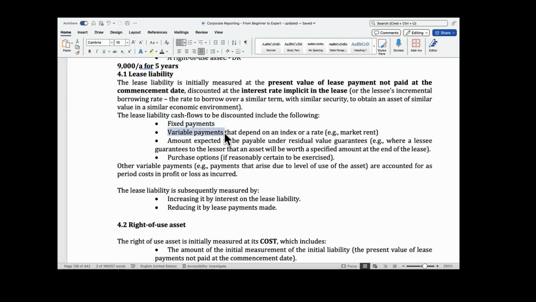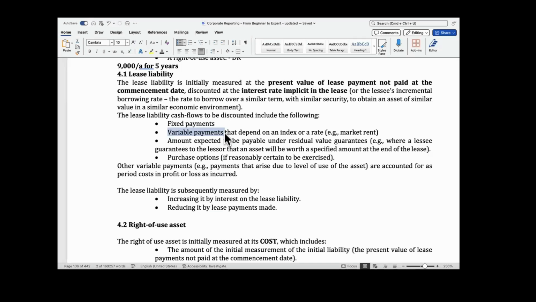It will vary after 2 or 3 years, the increments and all of that. Those increments, if they exist, you need to factor them in discounting, because that means your liability is higher. You cannot just use that fixed payment.